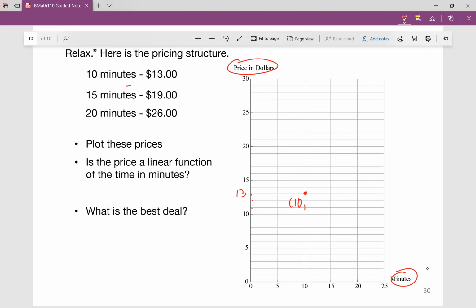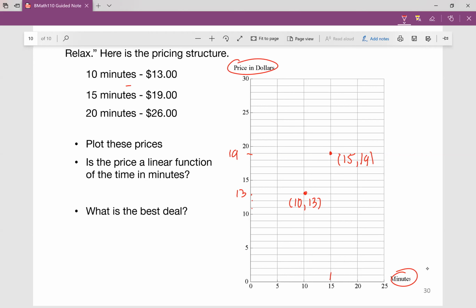What else? 15 and 19. 15 for the minutes, $19. It's around here. So another one, 15, 19.